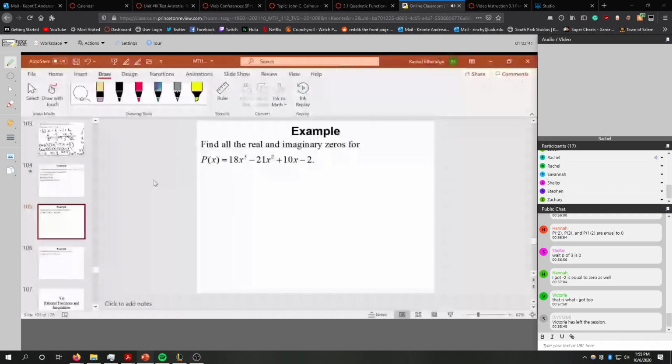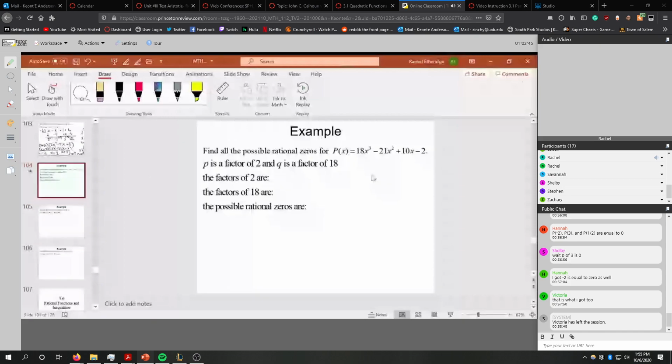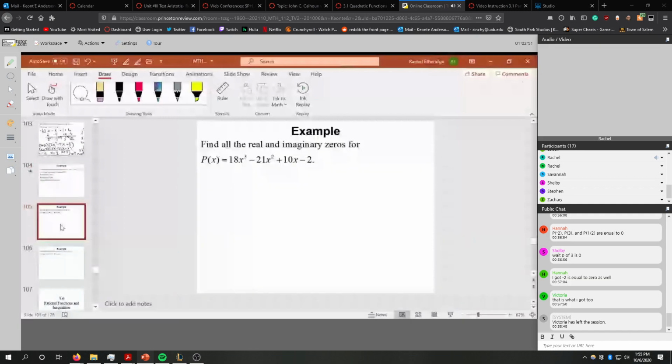So you want to find all of your possible zeros and then use those to plug into your polynomial until you get a 0. And then you can do synthetic division and finish it. It's a third order, so you should get 3. And I'll go over that one with you next time. I just want to make sure I've got time to do this fourth order.